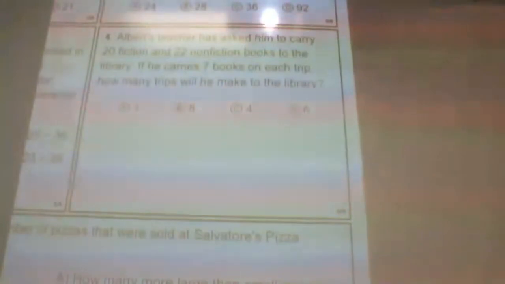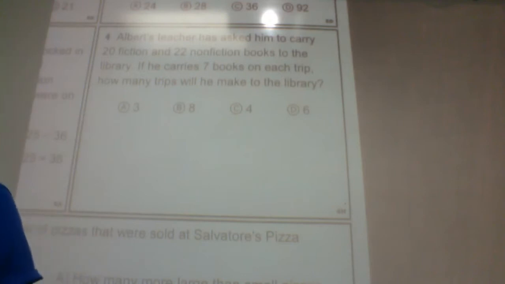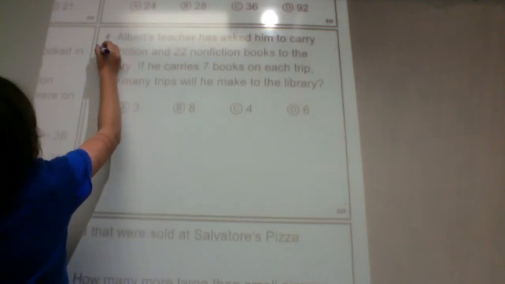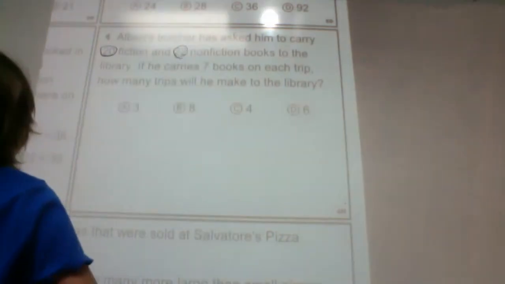Let's do number 4. All right. Albert's teacher has asked him to carry 20 fiction and 22 nonfiction books to the library.